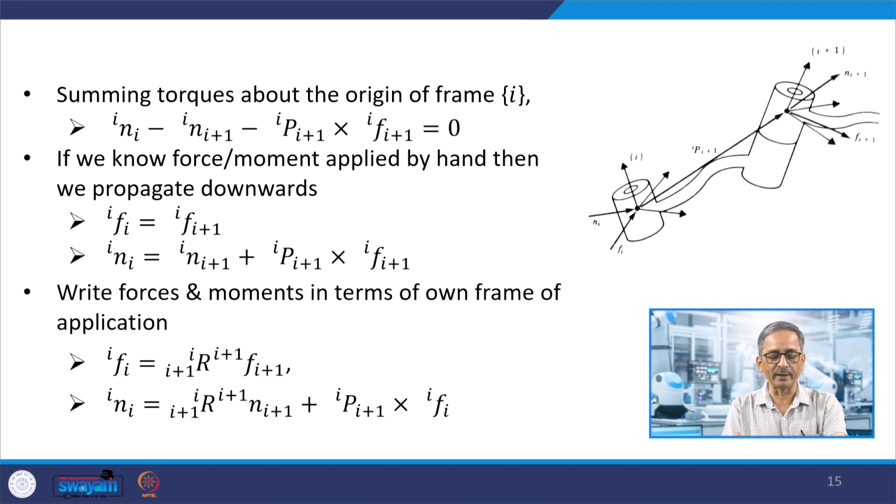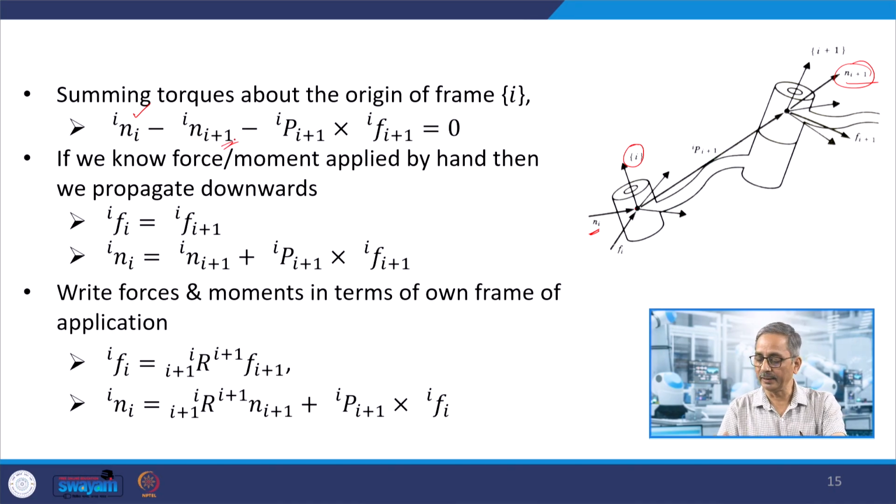Similarly, I can find the torque balance. If I sum the torque about the ith frame over here, then we are going to have this Ni, the torque applied by the previous link, and minus this value, which is applied by the current link on the next link.